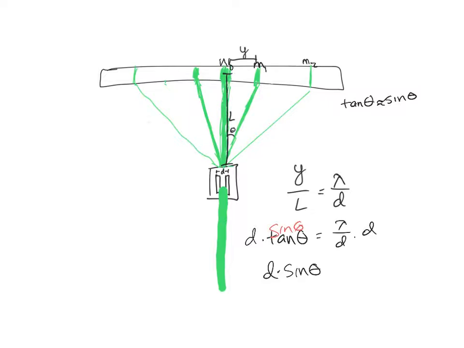That's why we get away with this as an approximation and not an equality. And so now, as I'm looking back, I have to change all these to squiggly equals because it's not perfectly equal. So I get d sine theta equals lambda.